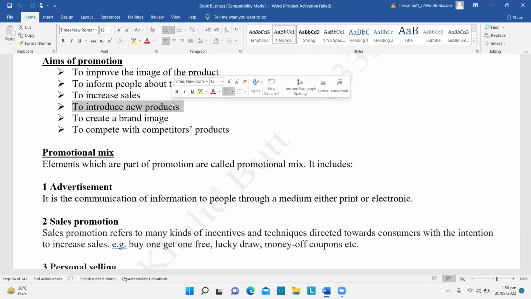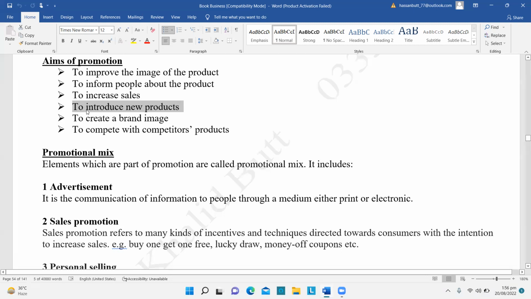So unless and until you inform them that now there is a new version of the product or an innovative product which is available in the market, people won't ask for it when they visit a shop. So you have to tell them beforehand. So when they visit shops, they would ask about that product. So again, you require promotion.